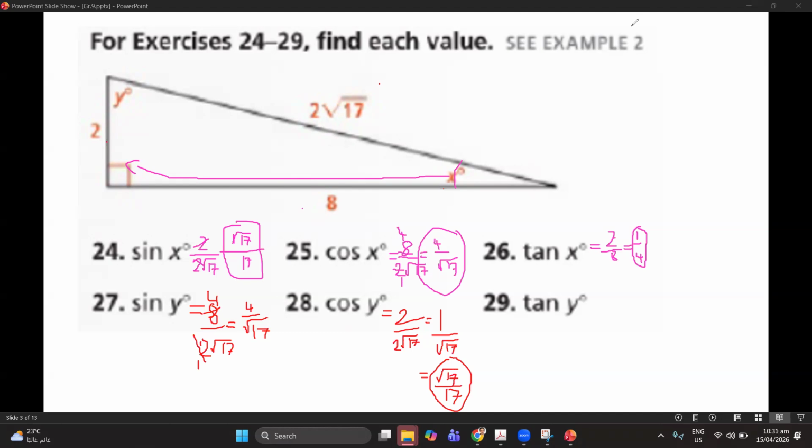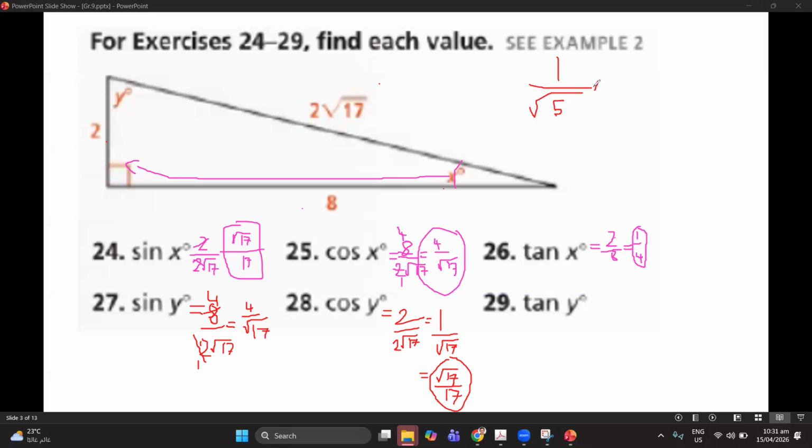So, teacher, how did we get square root of 17 over 17? Calculator. But in order to find it, as I have here 1 over square root of 5, I can't keep the square root in the denominator. This is not the simplest form.